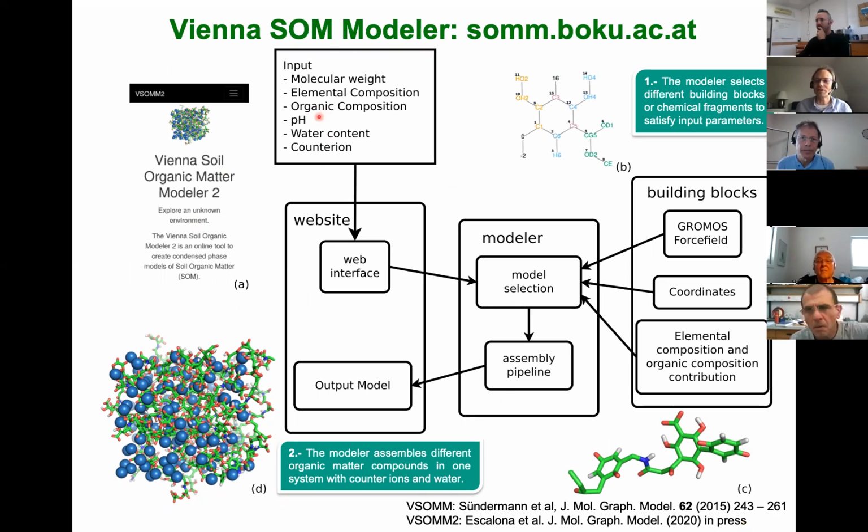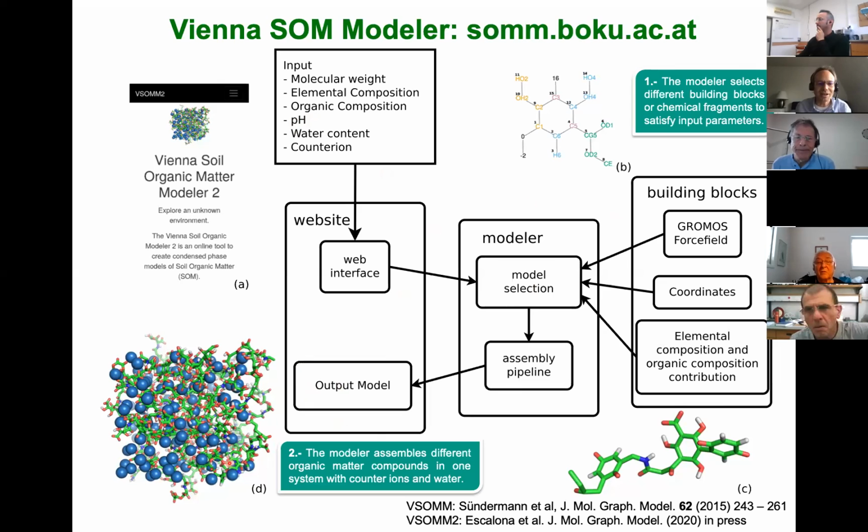What I mean there is a distribution of functional groups. You can put in the pH that you want to simulate at and the water content and the counter ions. This then goes to a backend, to a modeler that, based on these building blocks that we had, creates molecules, puts molecules together, assembles everything. And what the user sees is, after some time, you get a model that is an output.